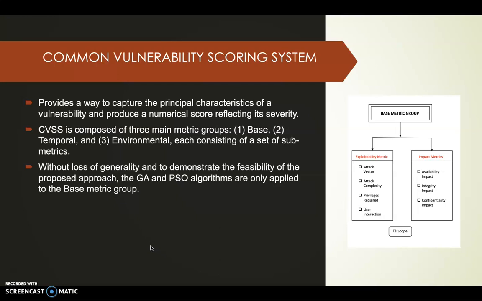Scope is a vector field which does not fall into these two sub-metrics. If you want to read more about other metrics in CVSS, you can go to the CVSS official website. I'll provide the link down below.